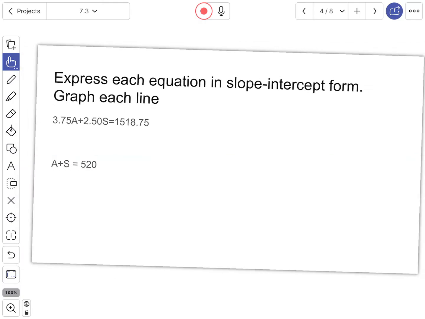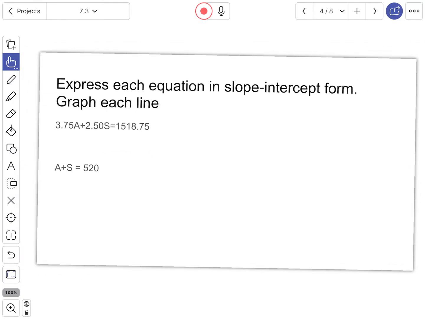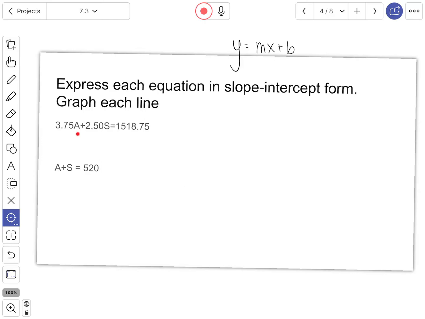Now we're going to express each equation in slope-intercept form. And the reason is when we put our information for our equations into our calculator, it is set up to accept it as a y equals. So what we're going to look at is probably a y equals mx plus b format. So the thing is, looking at our data here, we have a's and s's, not y's and x's.